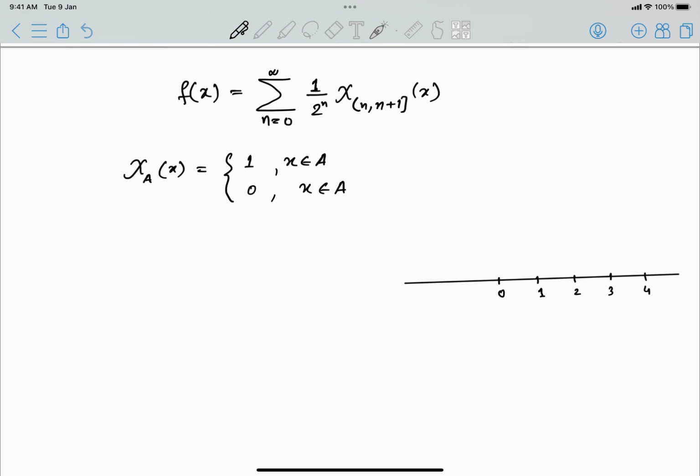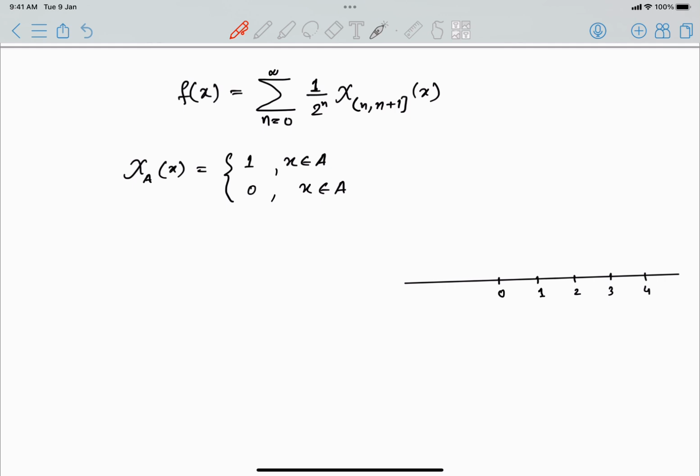If you put n equals 0, you will get the interval (0, 1], and for n equals 1 you will get (1, 2], so it keeps shifting right. This interval is open at 0, so at x equals 0 the characteristic function takes the value 0, because 0 is not in the interval for any n from 0 to infinity. So at the point x equals 0, the function takes the value 0.